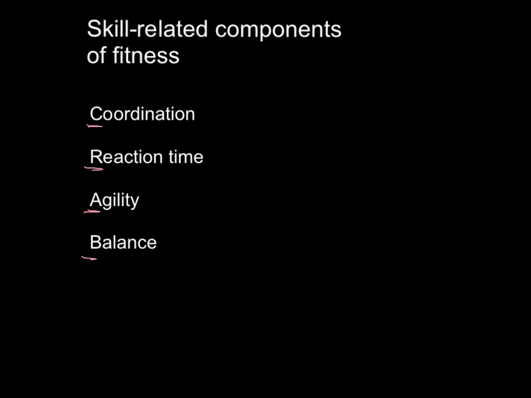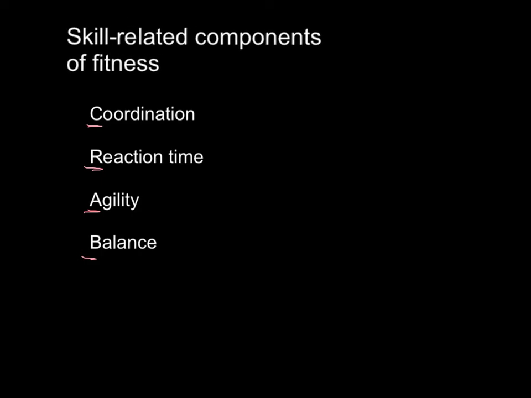Now, what I often find is it works best, when you're defining each of these, to begin each definition with the ability to. So if you start everything with the ability to, or sometimes the ability of, it gives you every chance of getting the definition right.